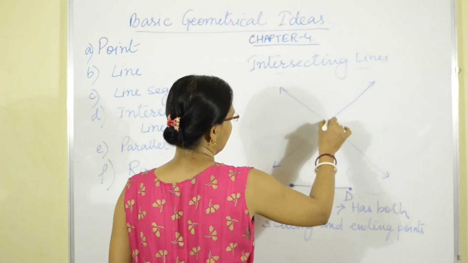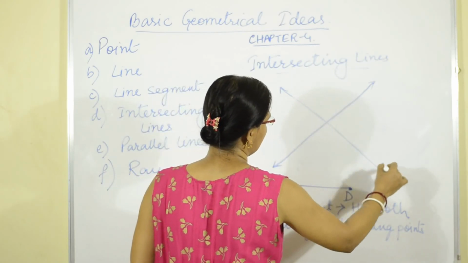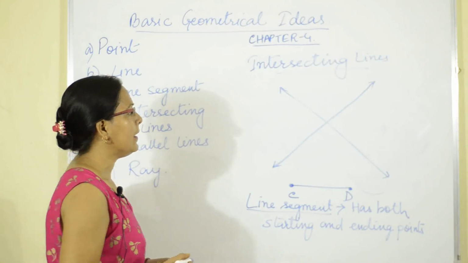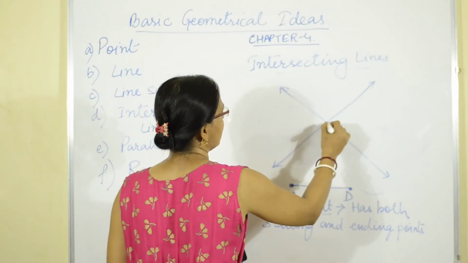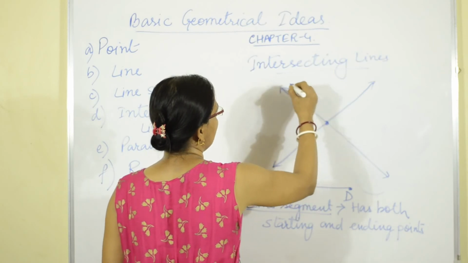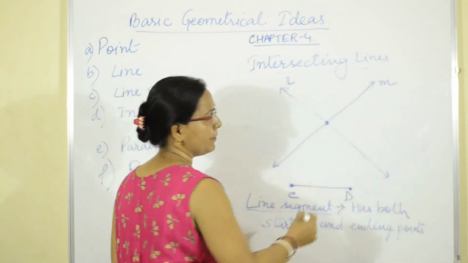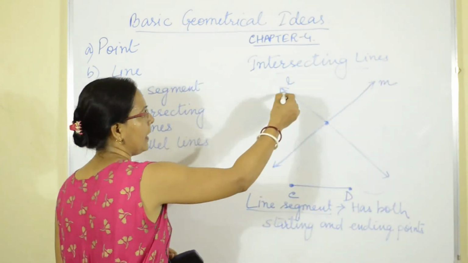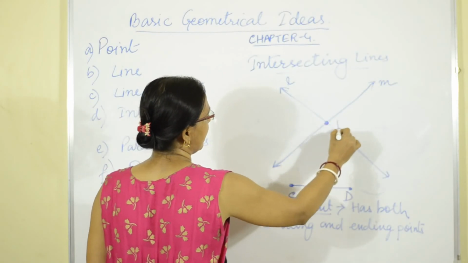This is one line, this is another line, and they intersect each other. Say for example, this is a line l, this is a line m, and they intersect at the point P.